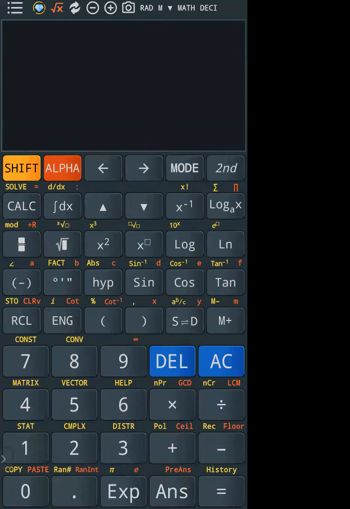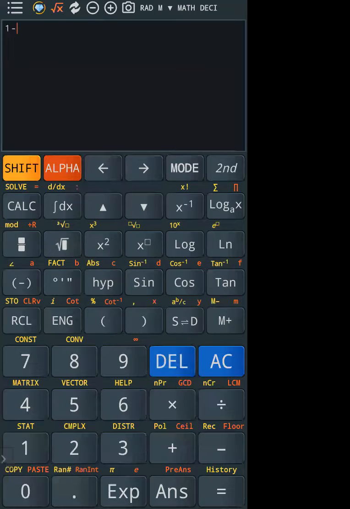I need to calculate C2 now. How will I calculate? C2 is equal to, this is 1, this is 1 minus 2.